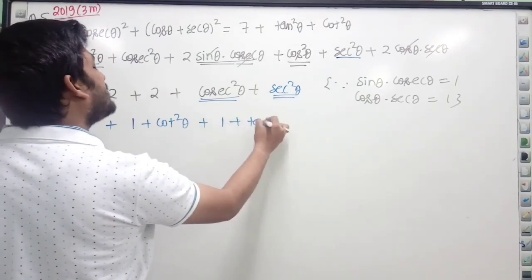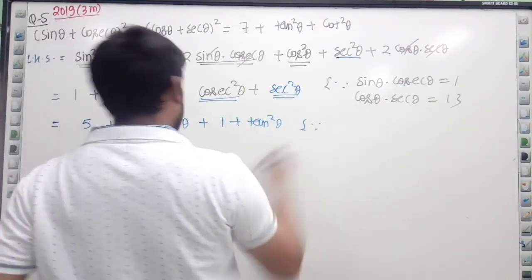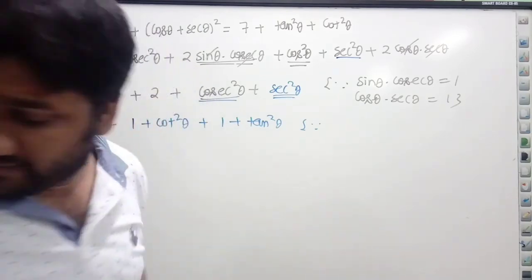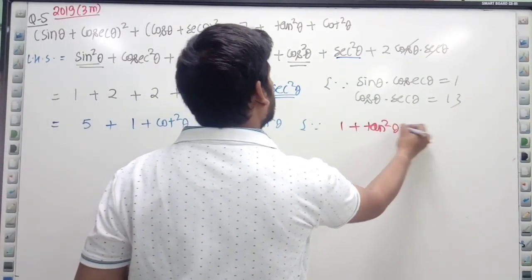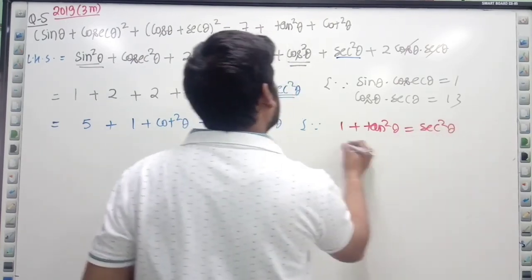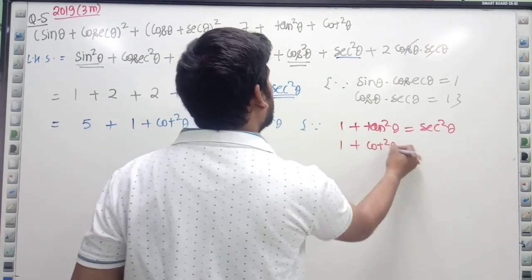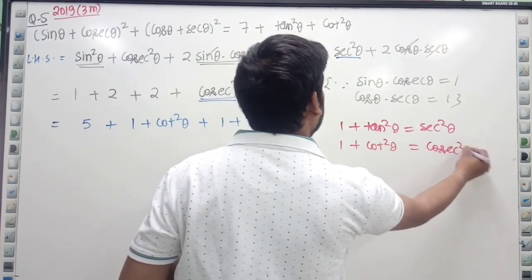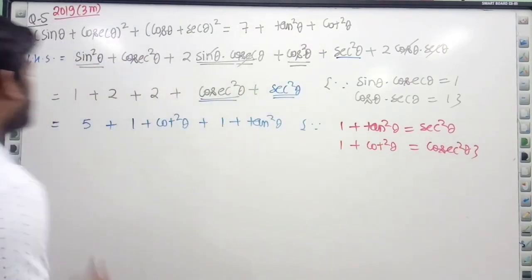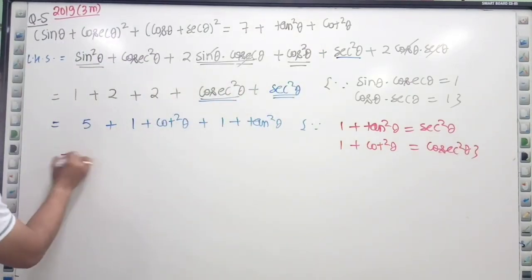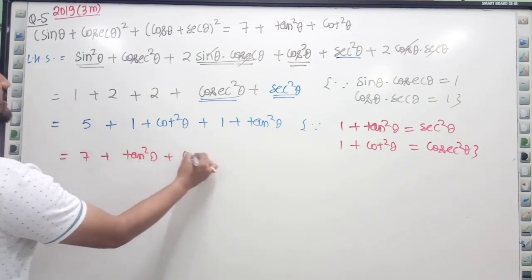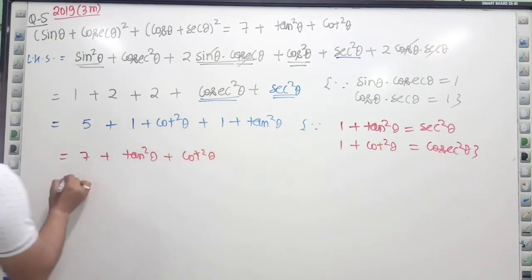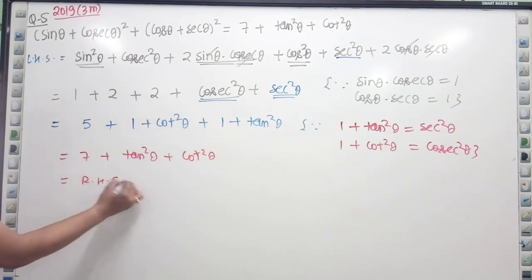We have the identity, right? 1 plus tan square theta equals sec square theta, and 1 plus cot square theta equals cosec square theta. So 5 plus 1 plus 1, that is 7, plus cot square theta plus tan square theta. That is the RHS, and I hope this is clear.